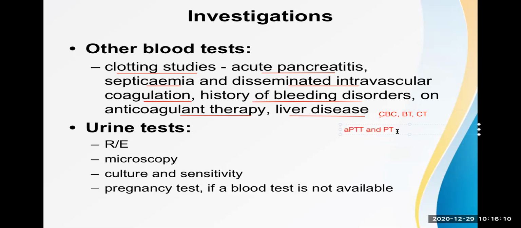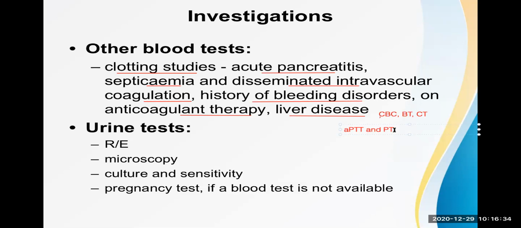Now remember, APTT and PT measure two parts of the coagulation pathway. APTT measures the intrinsic pathway, and PT measures the extrinsic pathway. Whatever factors come under the intrinsic pathway, if they are deficient, then APTT will be prolonged compared to normal, and likewise PT for the extrinsic pathway.